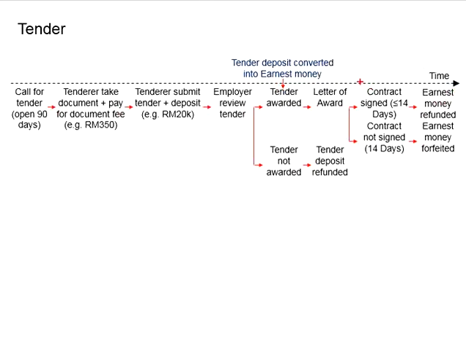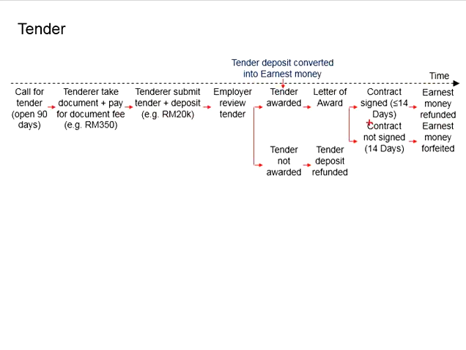Let's say now the contractor agrees to sign the contract with the employer. That means the contractor is sincere about the project, and the contract is signed within 14 days. This earnest money, which was converted from the deposit, will be fully refunded to the contractor.